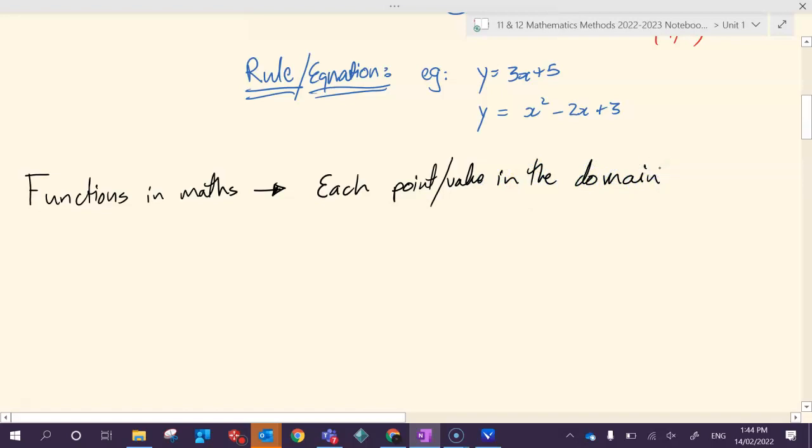Each point or value in the domain. Now, you may or may not have heard domain before. That's like the set of inputs, or first elements in the ordered pairs.